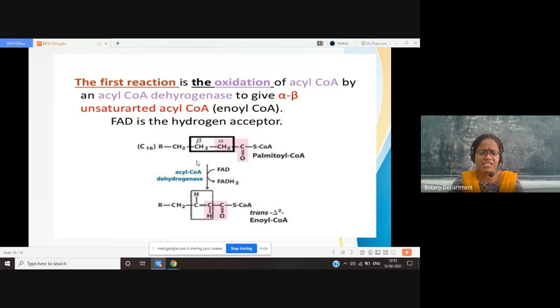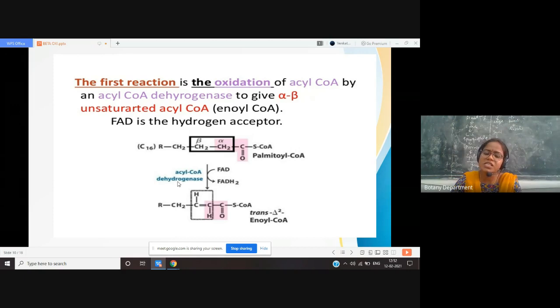First step, conversion of palmitoyl CoA into trans delta square enoyl CoA. The first reaction is an oxidation reaction, girls. Here conversion of acyl, that means palmitoyl CoA, into enoyl CoA happens, which is an unsaturated acyl CoA.